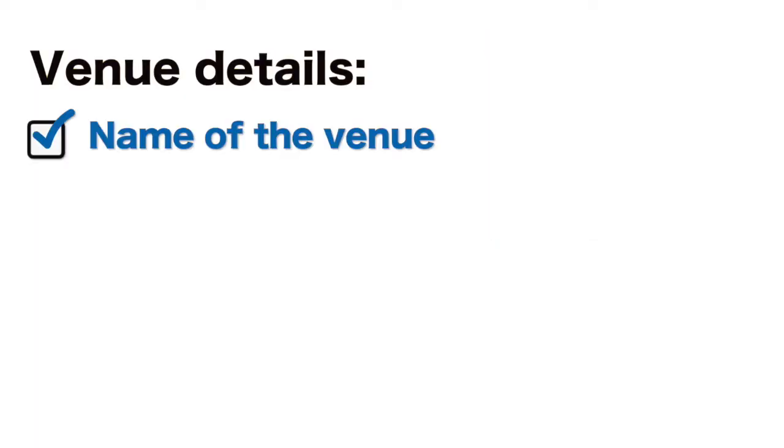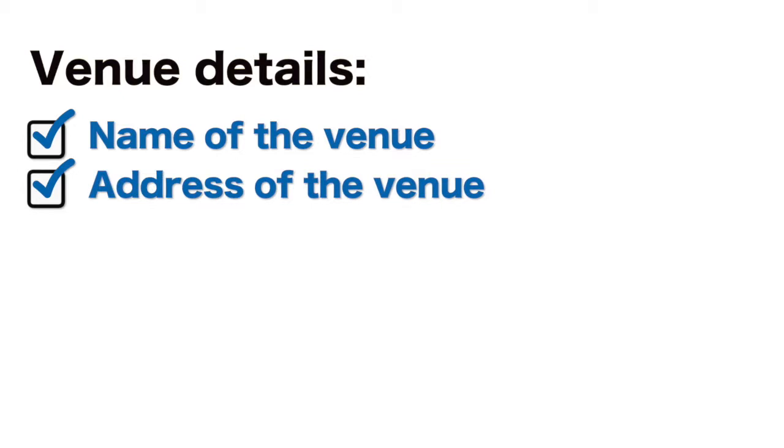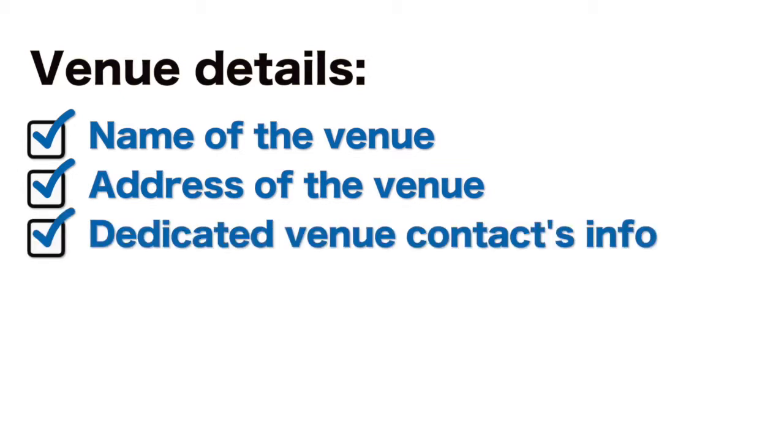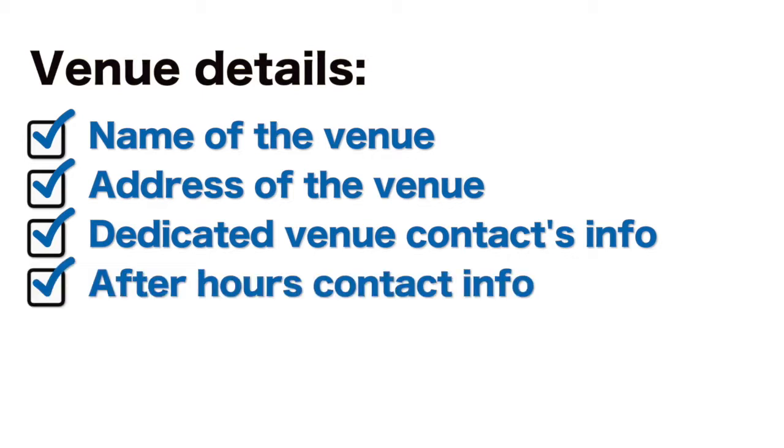The third part was the venue details. The name of the venue, the address of the venue, the dedicated venue contact's name, cell, and email. So who was my primary contact on site? An after hours contact. If I had to be in touch, say when the building was closed, who would I reach out to?